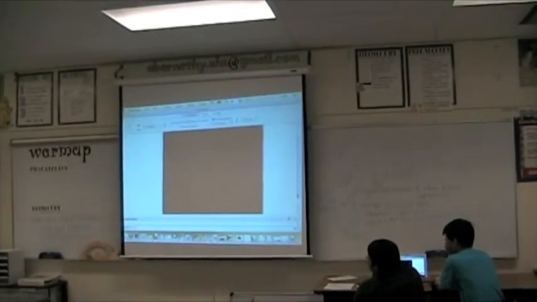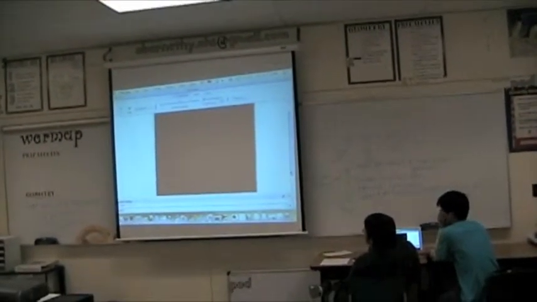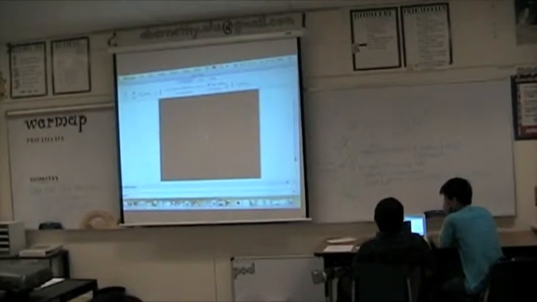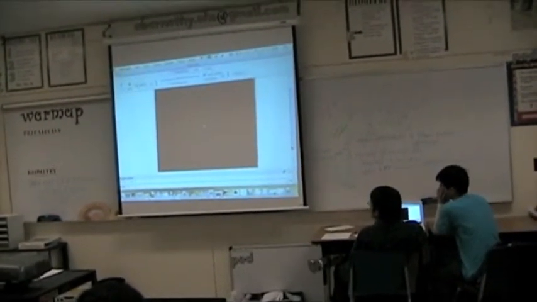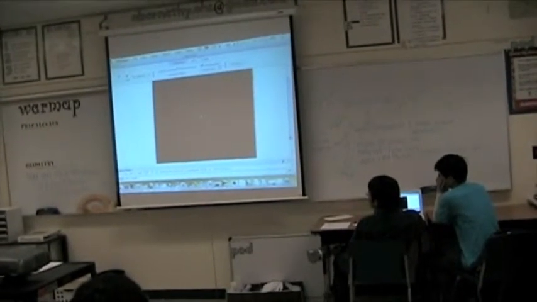So the first line I'm going to input is create one. And that tells the program to create a tiny turtle, right? So I'm thinking this turtle's too small, right? So I use set size 3. Oh wait.